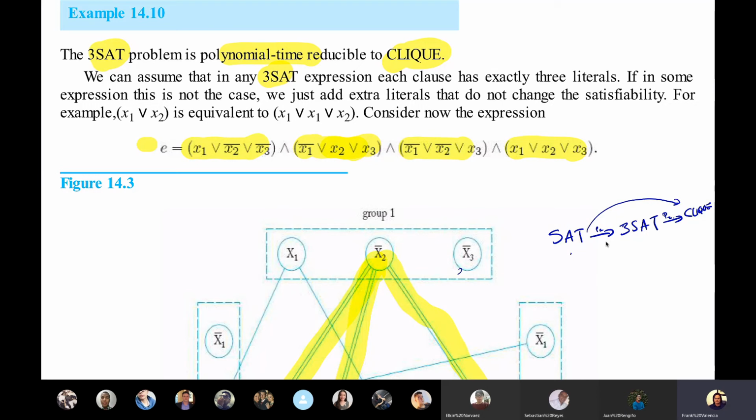Fine, but in that case, if m in the worst case is n, then it would be n squared, right? But how can you check if this formula under some assignment is satisfiable or not? You find the value of this formula with that assignment. How can you do that? In a very simple way. You just evaluate and check if it is one.